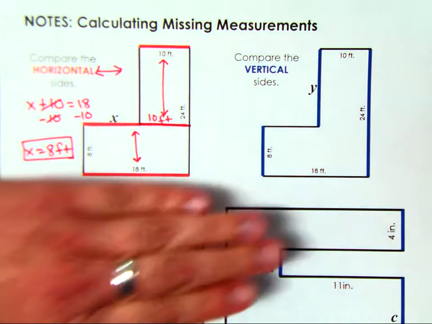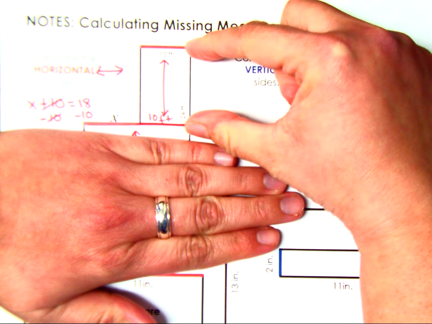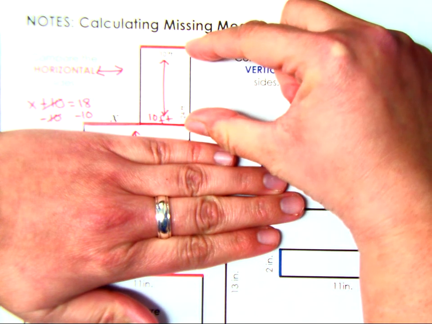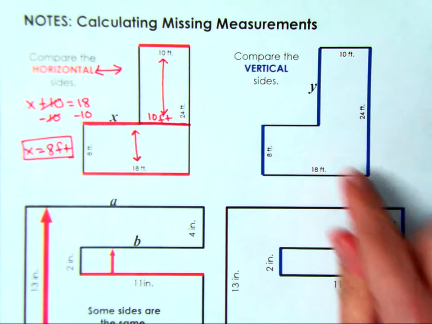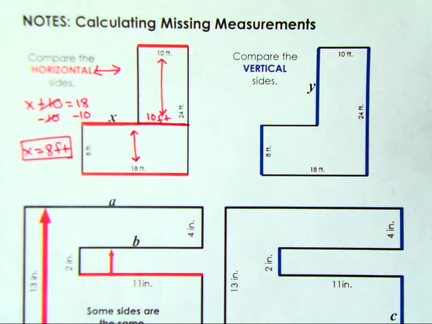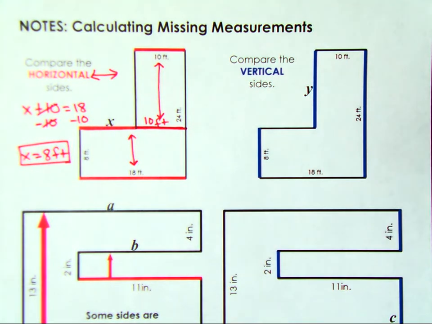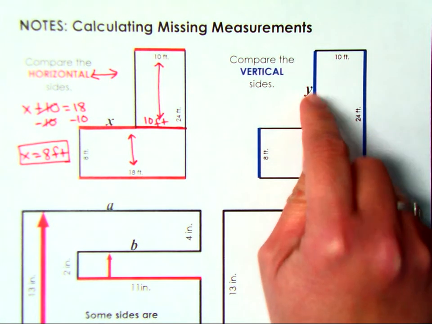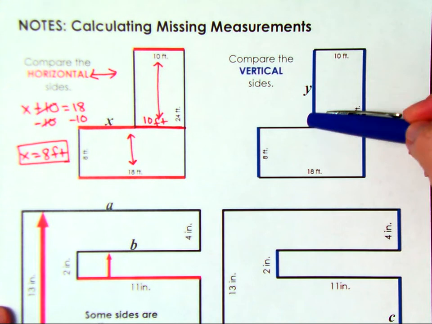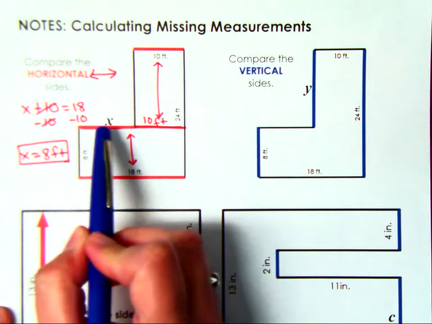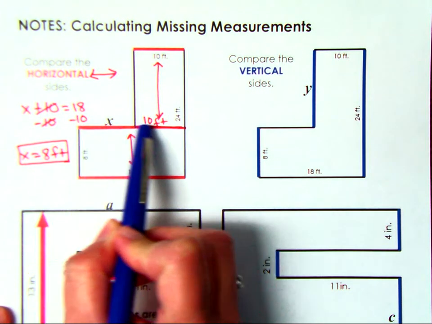Now, we would need to find this part of this rectangle to figure out the area of this rectangle, and that's where the second problem comes in. It's literally the same three-dimensional backwards L, if you will. Now we're figuring out what the value of y is. We can see that this is vertical, up and down, and x was horizontal, left to right, so that's why we broke it up that way.